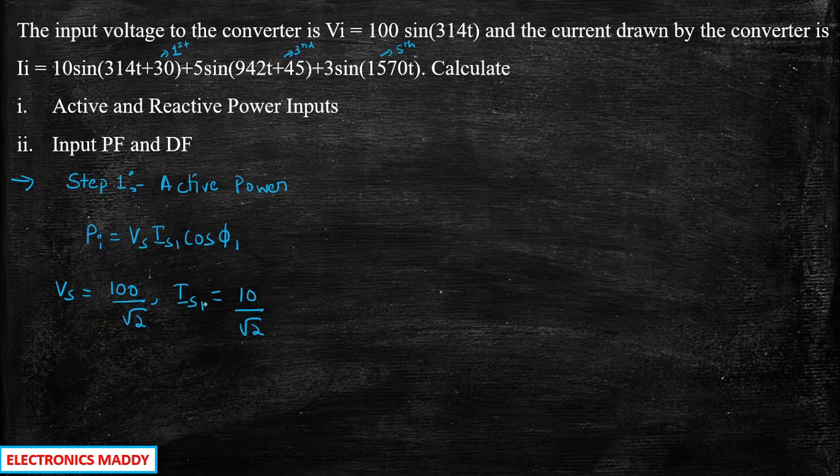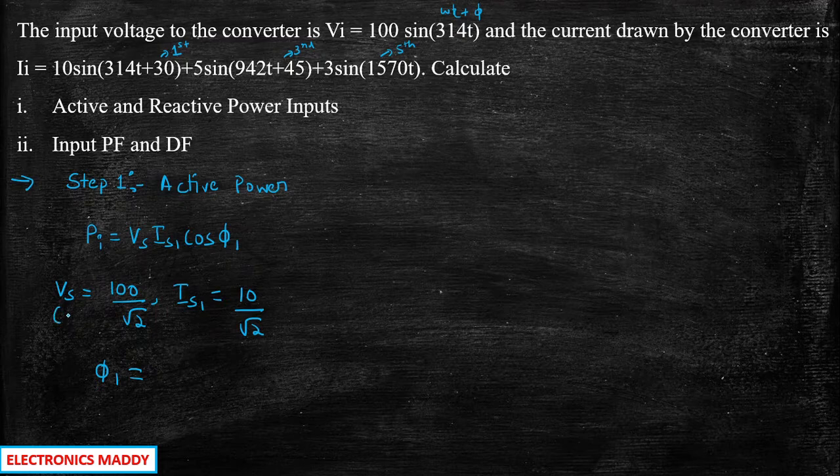So we know Vs and we know Is1. But what is the value of phi1? Phi1 is the angle between Vs and Is1. Vs is 314t, that is omega t plus phi, but you don't have phi over here. That means Vs is at 0 degrees.